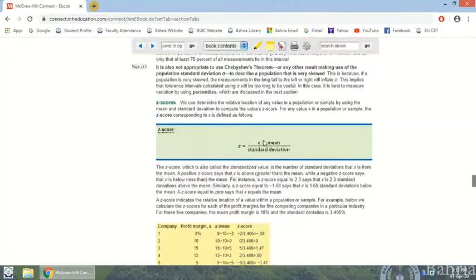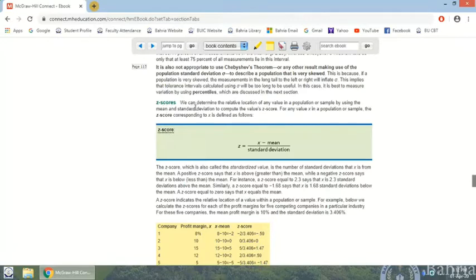Then we come to Z scores, and we want to know about the location of any value, whether it is on the negative side or the positive. We can have a negative Z score and a positive Z score. So in this case, let me just read this out.